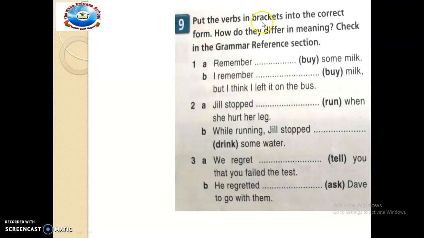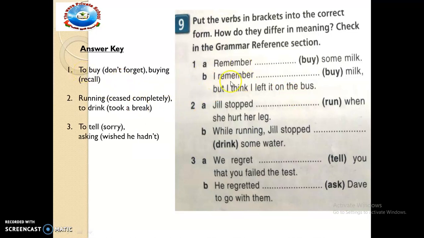So we make progress to the next. We want to practice infinitive and ing forms in the next exercise, number 9. It says put the verbs in brackets into the correct form. How do they differ in meaning? Check in the grammar reference section. A. Remember dash buy some milk. I remember dash buy milk, but I think I left it on the bus. Now what will be the difference?